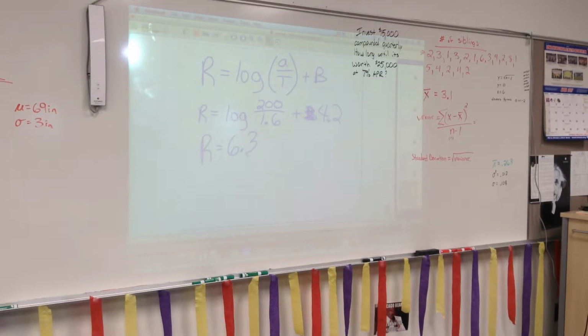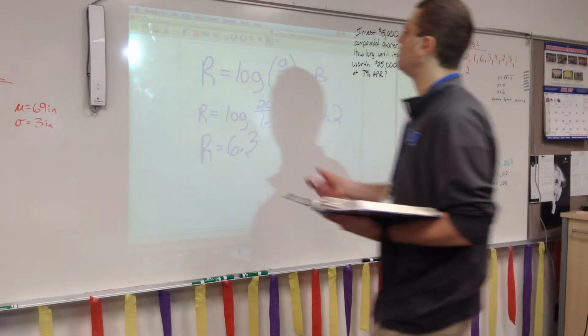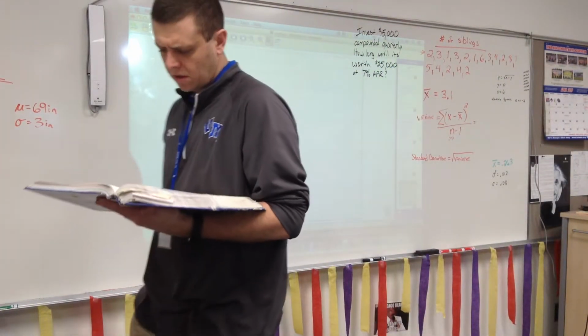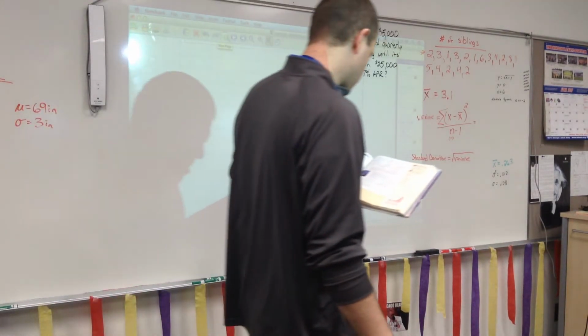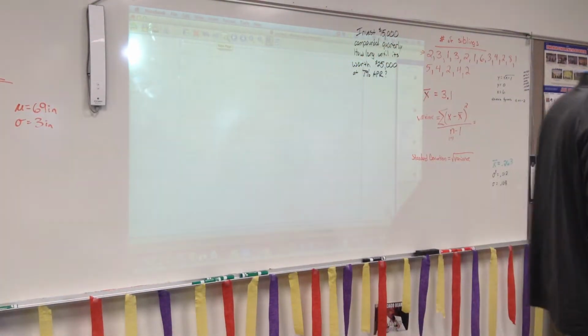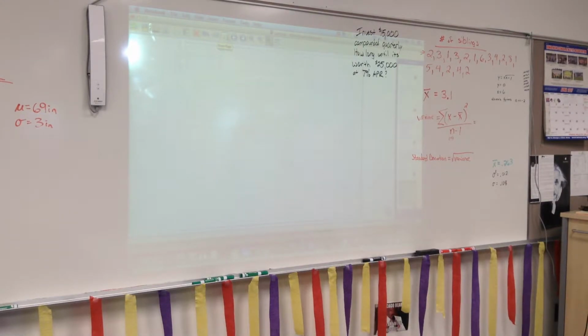Let's see. What was the next one? 58? Okay, let's do that one. The altitude of an aircraft is in part affected by the outer air pressure and can be determined by the equation H equals negative 100/9 log of P over B, where H is the altitude in miles, P is the air pressure outside the aircraft, and B is the air pressure at sea level.